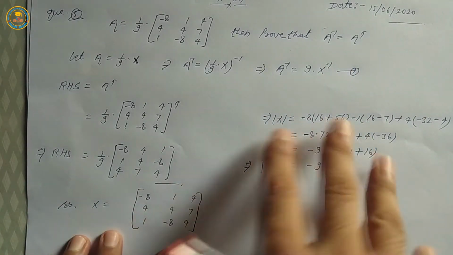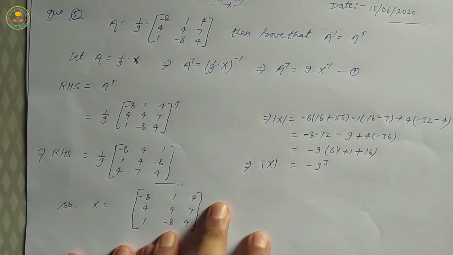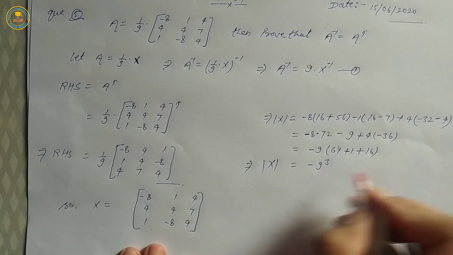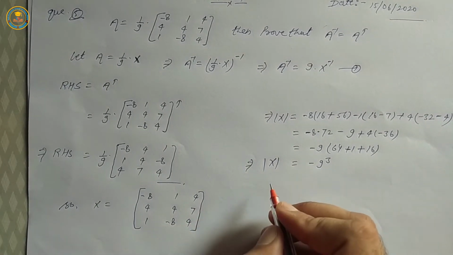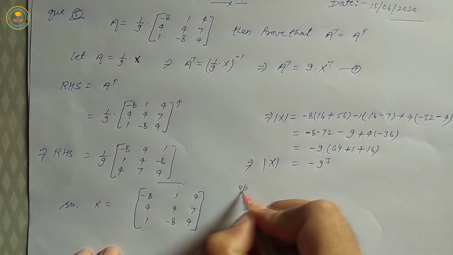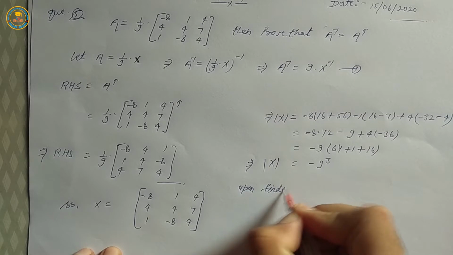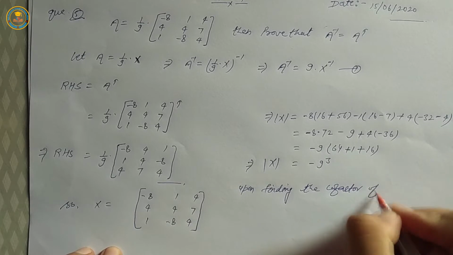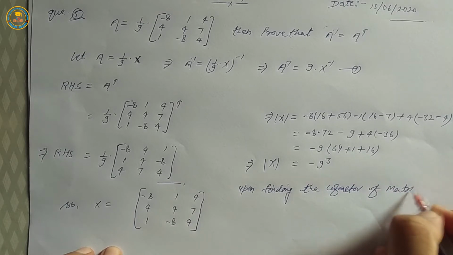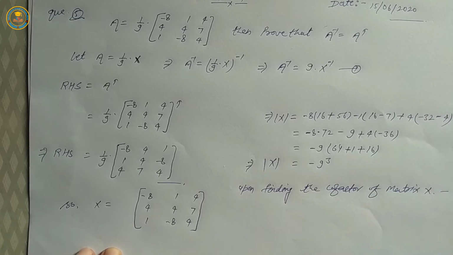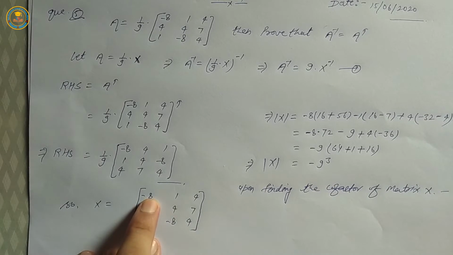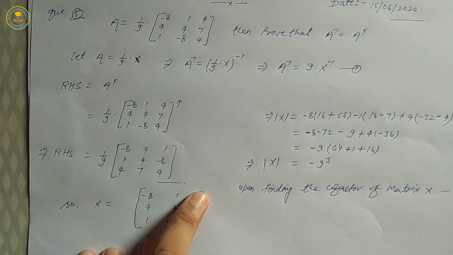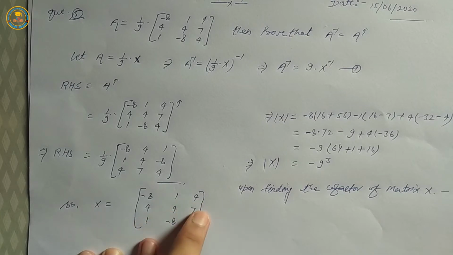So determinant X and adjoint X. Upon finding the cofactor of matrix X, cofactor of element minus 8, cofactor of element 1, cofactor of element 4, similarly 4, 4, 7, 1, minus 8 and 4.